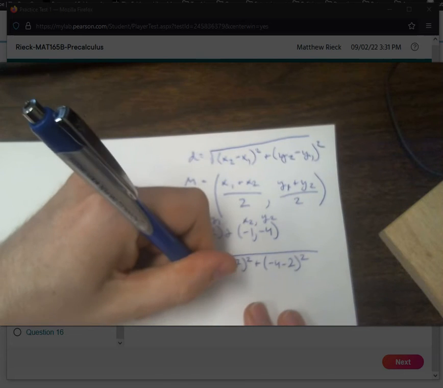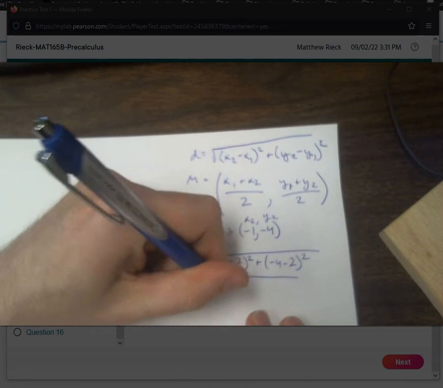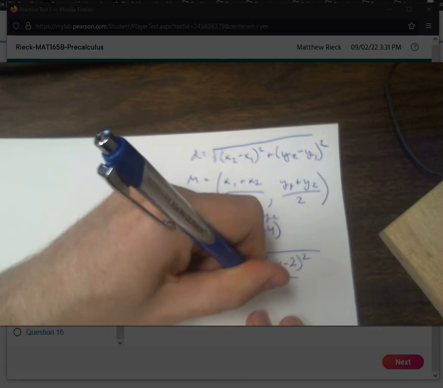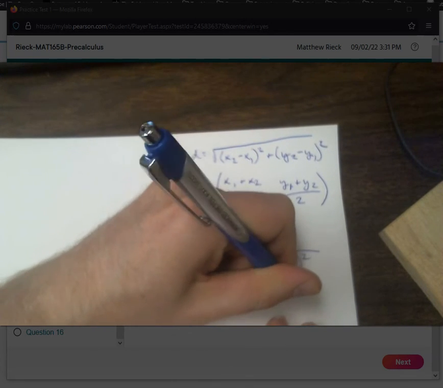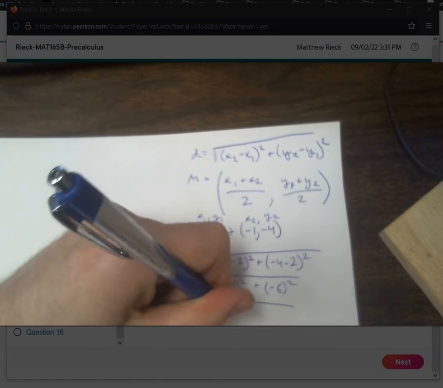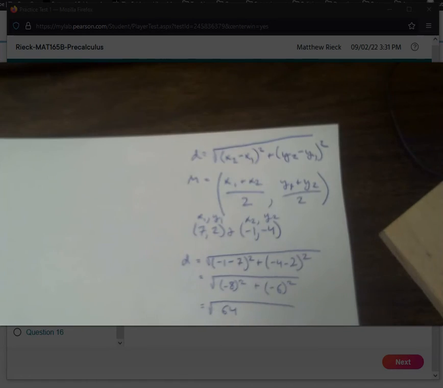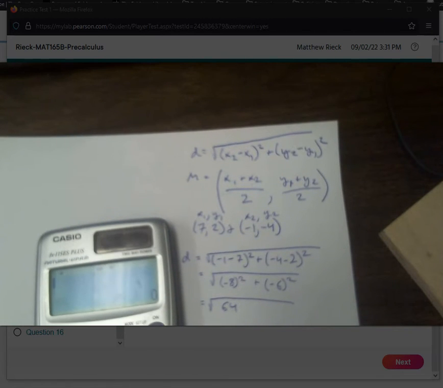When we do the arithmetic here, -1 minus 7 is -8 squared. -4 minus 2 is -6 squared. So that's going to be 64. I had a student come in who was running into some issues with this. When you're entering negative numbers and squaring them in the calculator, you need to make sure that you include parentheses around the negative number.